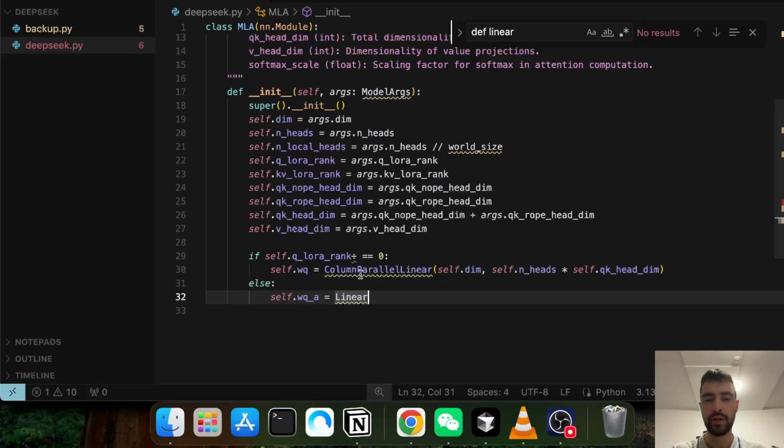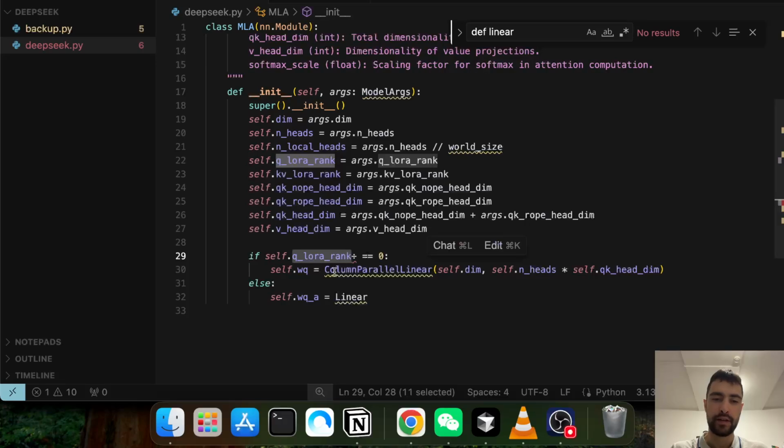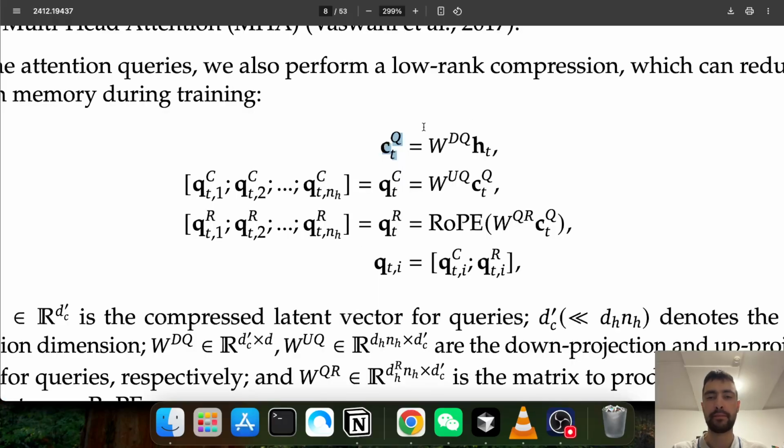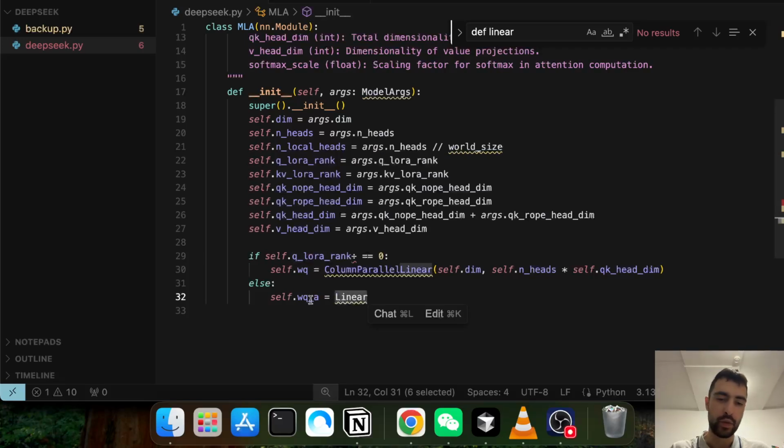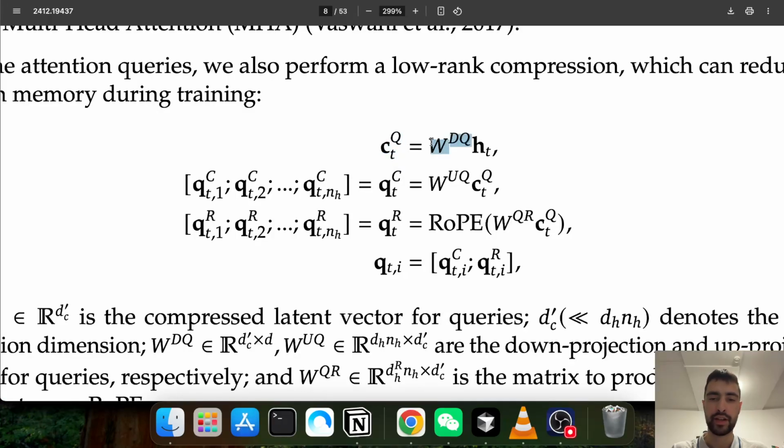Now we can continue, and this divided sign should not be here, but I'm not able to remove it right now because of my recording setup. So if we do have LoRa rank, we want to perform this latent, what DeepSeek invented. Then we will first start by defining this WQA matrix, which is going to be this matrix.